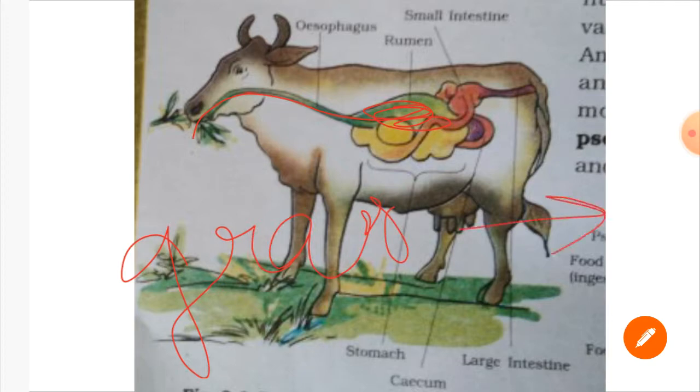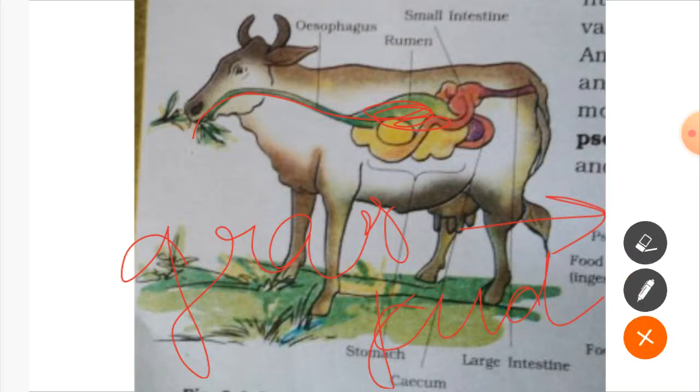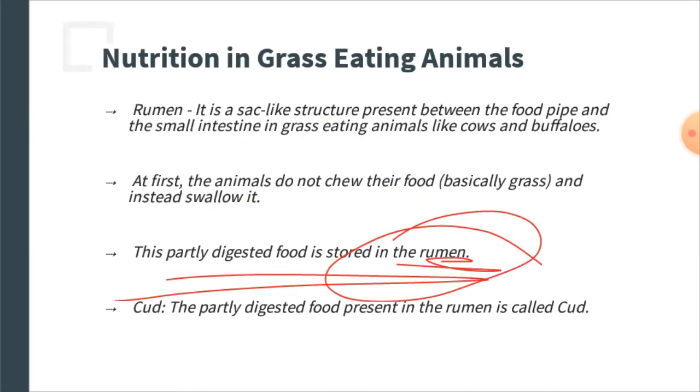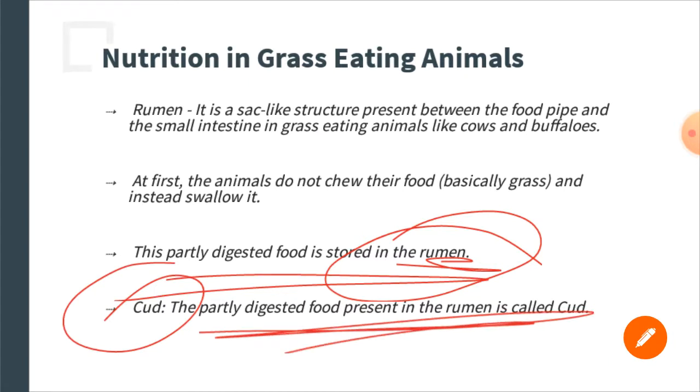And the grass is converted into cud. Cud means partially digested food or partially digested grass. Here I have written that the partially digested food in the rumen is called cud.